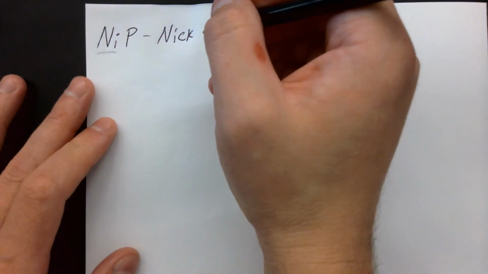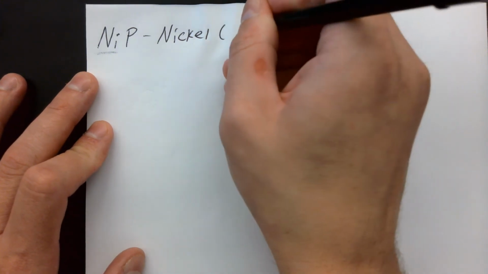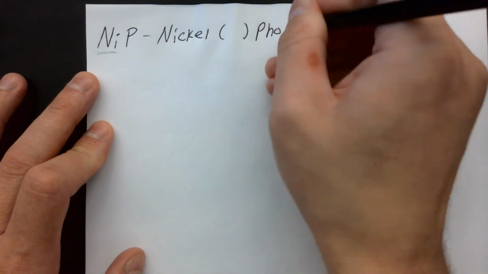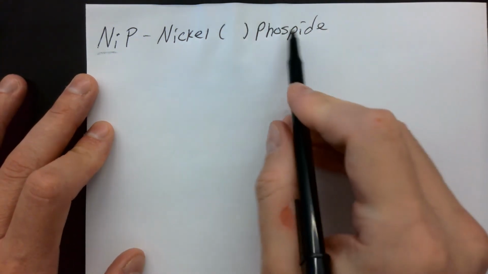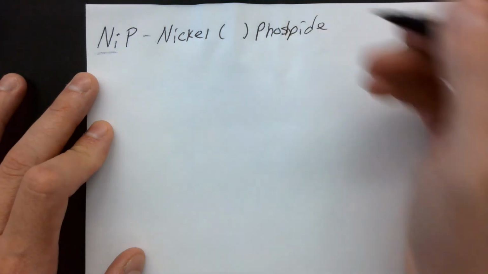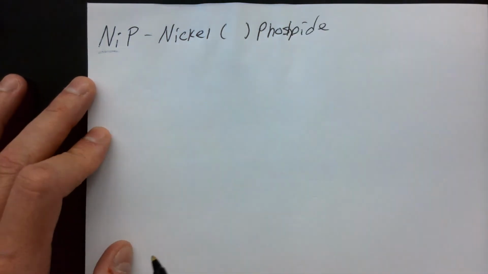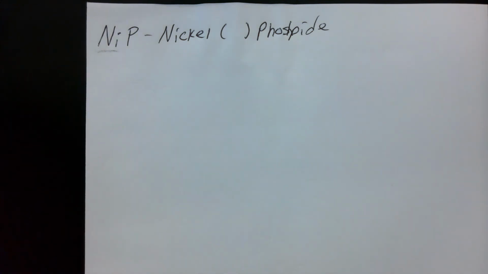So how I like to do it is write out nickel phosphide and just leave myself, I forgot an H, it's there, I promise. Leave myself that spot for that Roman numeral.